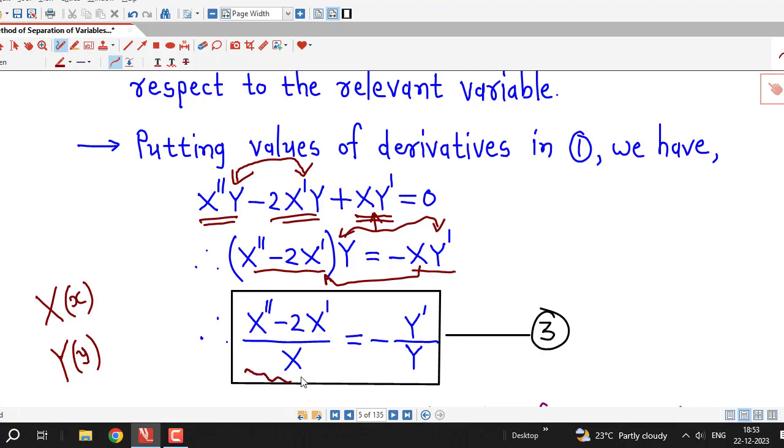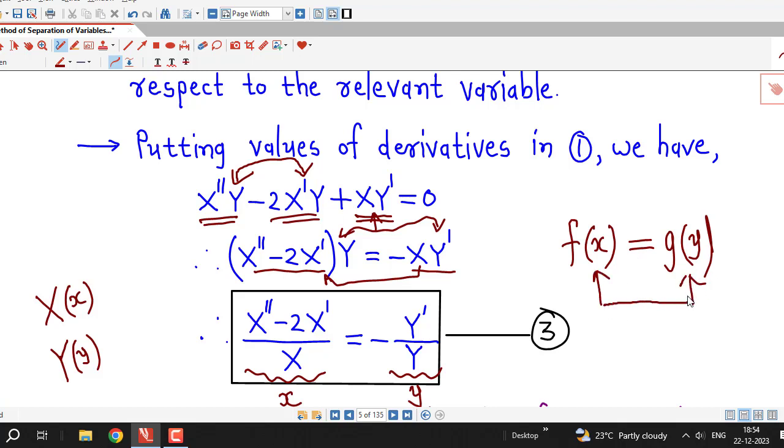So this is going to be a function of x, say f of x, and this is going to be a function of y, say g of y. So we have two functions here which are equal, and x and y are independent variables.